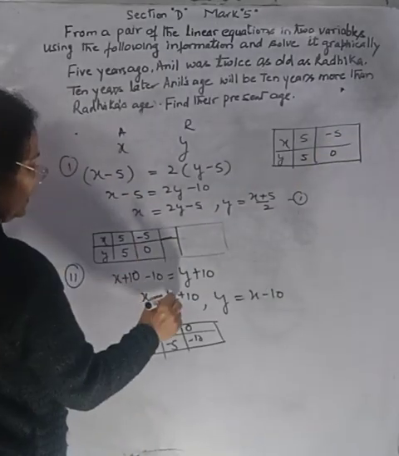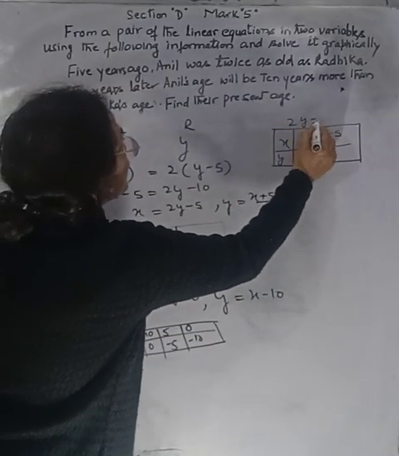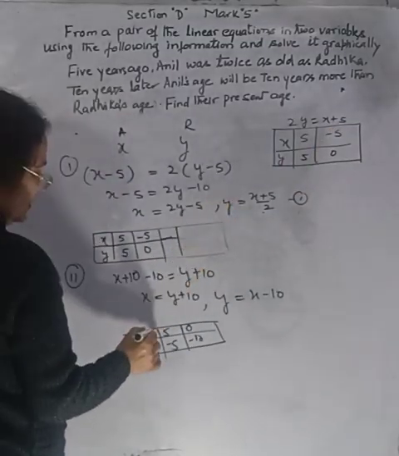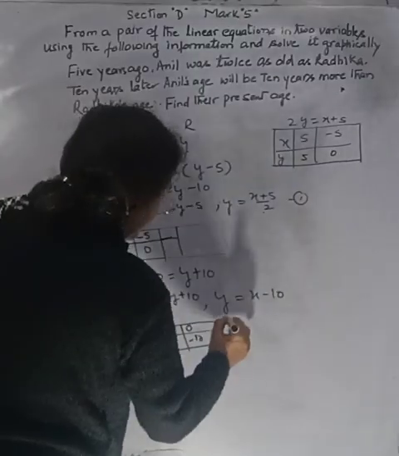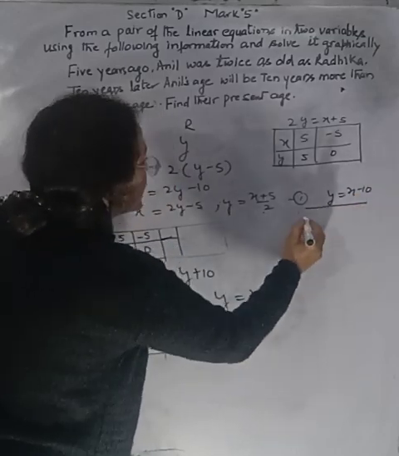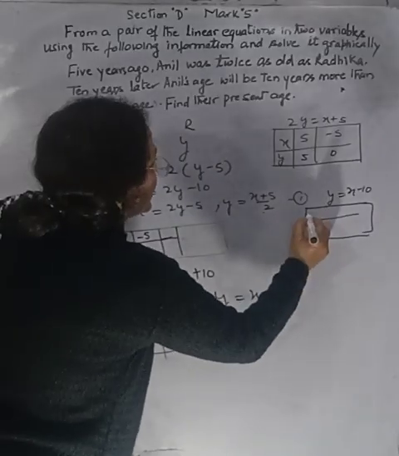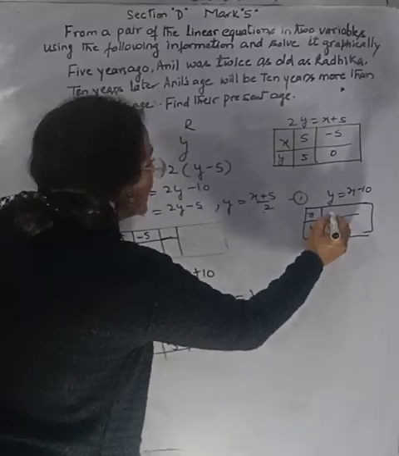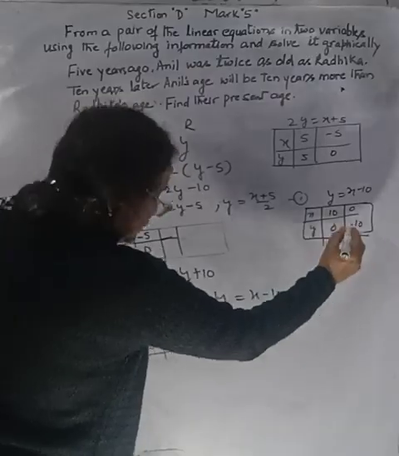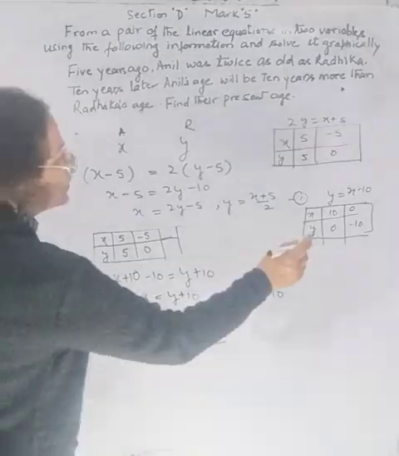The equation was 2y is equal to x plus 5. सेकेंड ग्राफ है हमारे पास, इक्वेशन है y is equal to x minus 10. इसके लिए जो हमने बनाया है, that is x and y: 10 and 0, and 0 and minus 10. Okay, and this is 5 and minus 5 also.